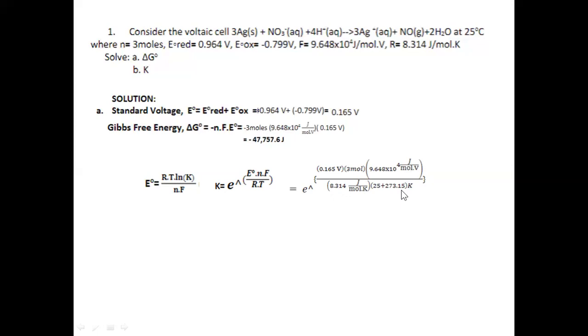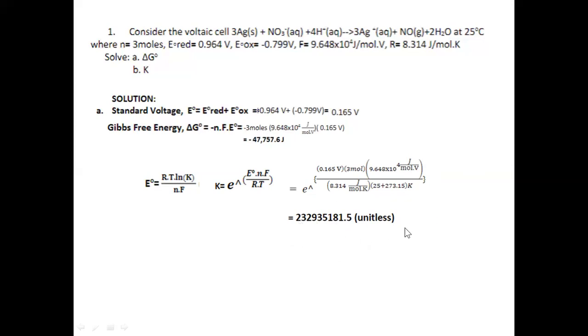To convert degrees Celsius to Kelvin, you add 273.15. So 25 plus 273.15 Kelvins. Now, this gives us an answer of 232,935,181.5. So this is unitless.